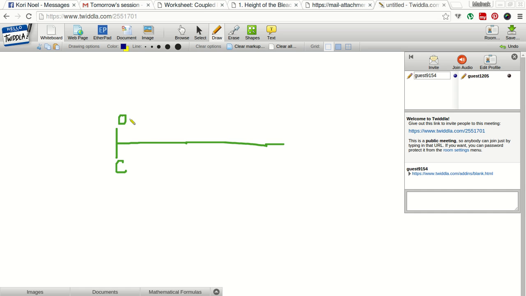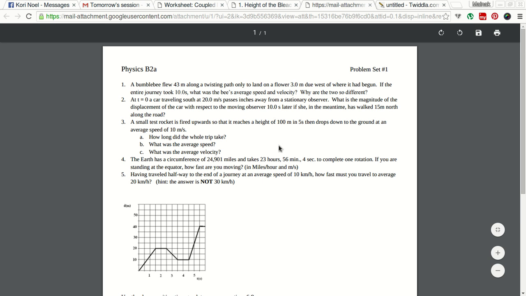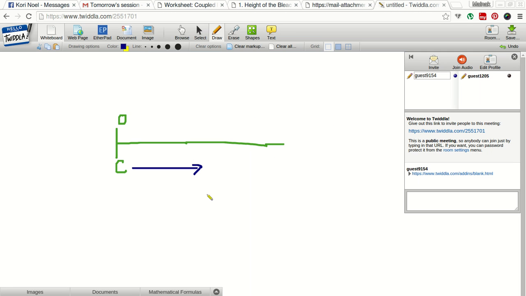Yes. Okay, so here I just tried to draw a diagram. O is for the observer, the one who was walking, and C is for car. Let's say the car is moving in the south direction, and the walker is moving in the north direction. So this is the south direction, and the north should be exactly opposite to that.